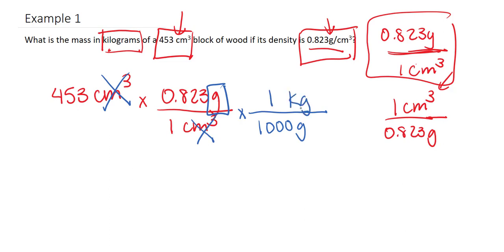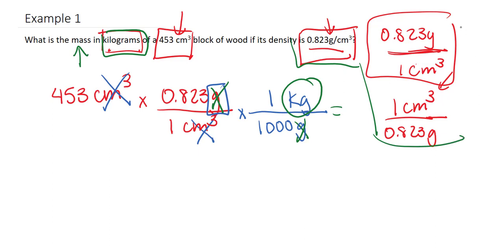A kilogram is much larger of a unit than just a regular gram. So we need 1,000 grams to equal 1 kilogram. So now we can actually cross out these grams and we're left with kilograms, which is exactly what we want. We want the mass in kilograms. So that's it. That's our whole step. Steps to find the mass in kilograms.